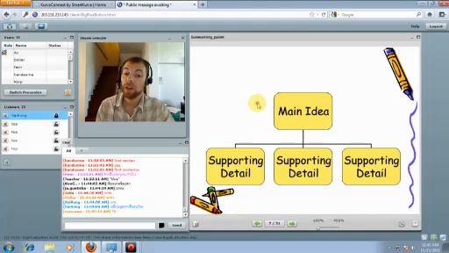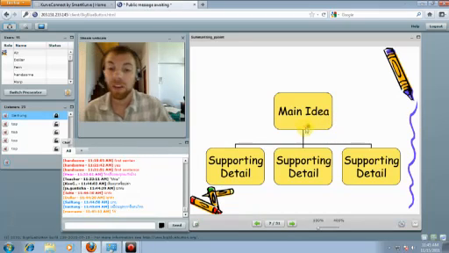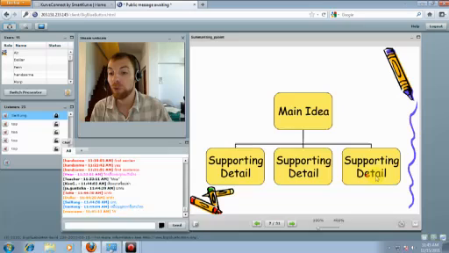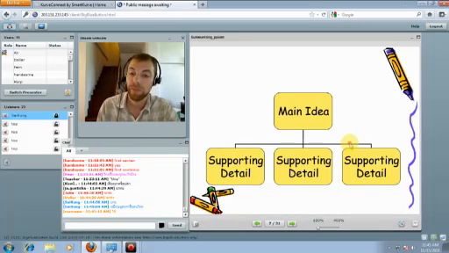Also, it's important to think about when you are reading something to try and find where is the main idea and what details are important and what details are not important.